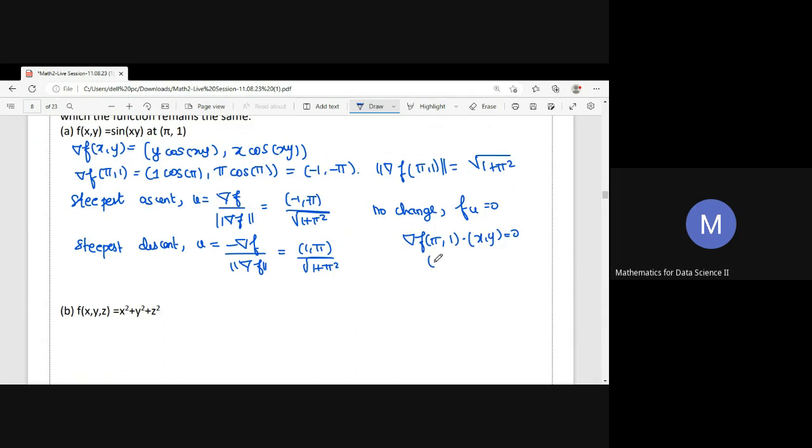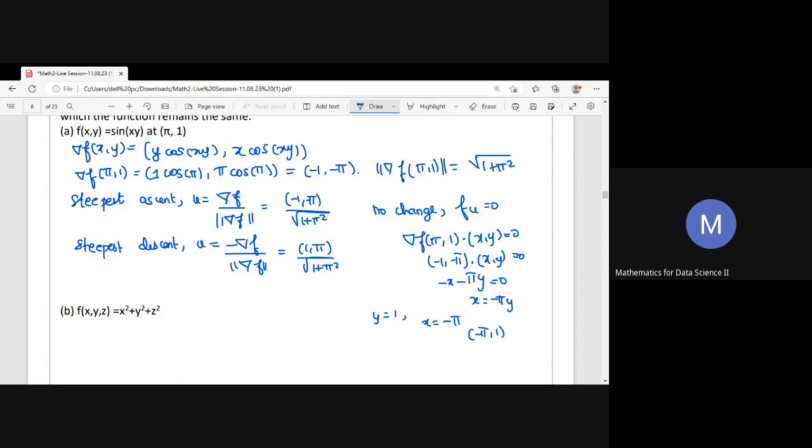So (-1, -pi) dot (x, y) equal to 0, which gives you minus x minus pi y equal to 0. So x is equal to minus pi y. Suppose you take y equal to 1, then what is your x value? If y is equal to 1, x is equal to minus pi. So (-pi, 1).